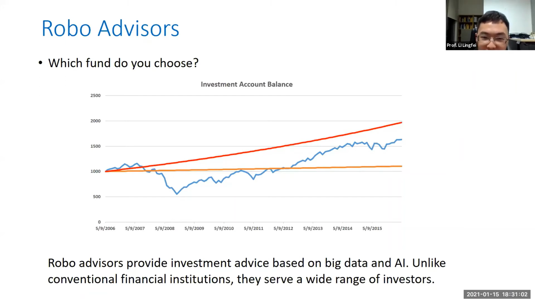Once I walked into the Hang Seng branch on the CUHK campus, I was interested in making some investments, and then a manager came to me and tried to advise me to buy some options. I'm not sure if you understand options, but it's basically a very risky financial product.